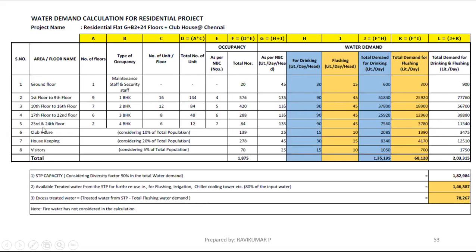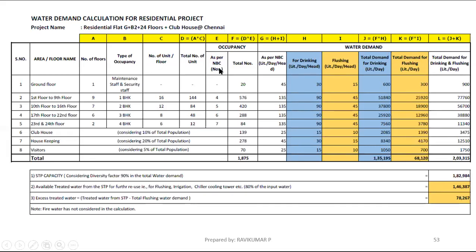The 23rd to 24th floor, two floors are coming. What type of occupancy is there? 4 BHK occupancy only. For the 4 BHK occupancy, six units per floor are there. So two floors, 6 into 2, 12.